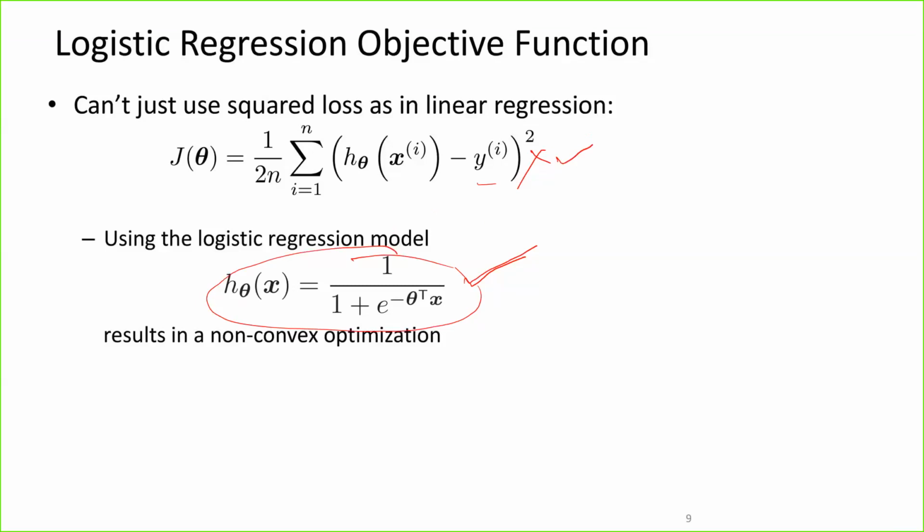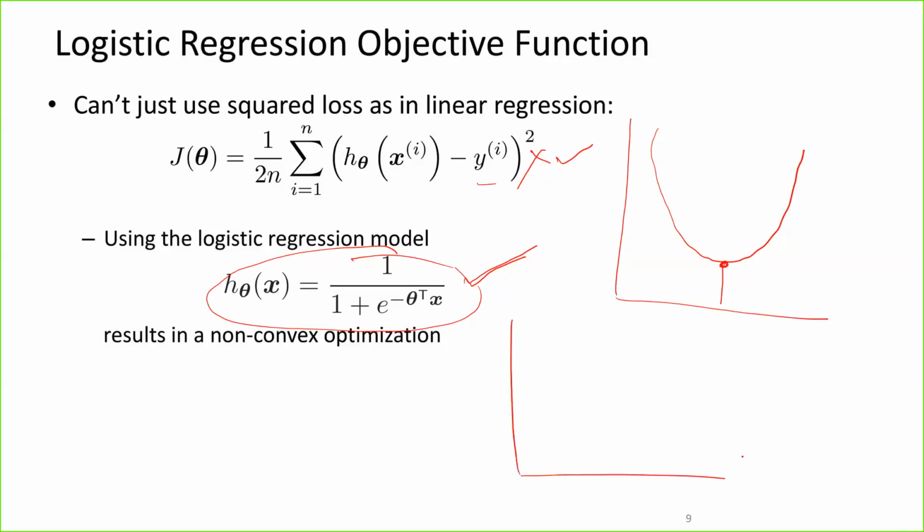What do we mean by non-convex optimization, and what do we mean by convex optimization? In convex optimization, the problem looks something like this, wherein we have only one local minimum and that is equivalent to the global minimum. Whereas in non-convex optimization, you may have multiple local minima and a local minimum may not be equivalent to the global minimum.